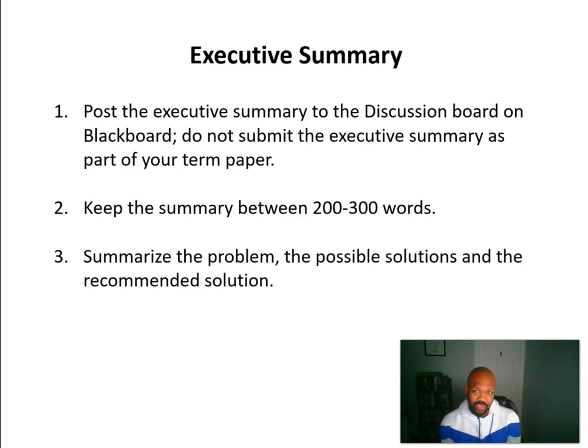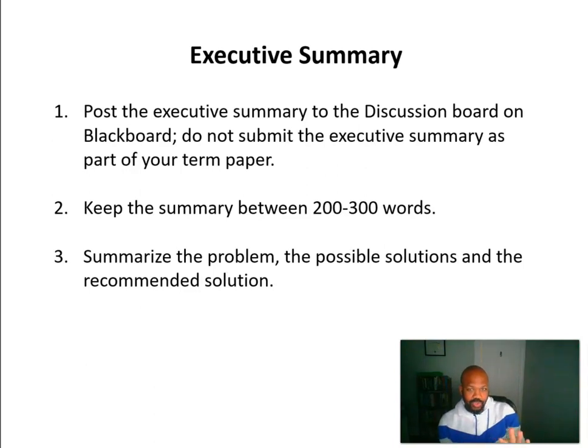But in the executive summary, the only things I want you to do are to provide a brief summary of the problem, the possible solutions that you've come across, whether it be a proposed plan, legislation, or programs that are successful in addressing the problem, whatever those possible solutions you've come across in your research, and then the recommended solution that you're putting forth in part 3 of the paper.